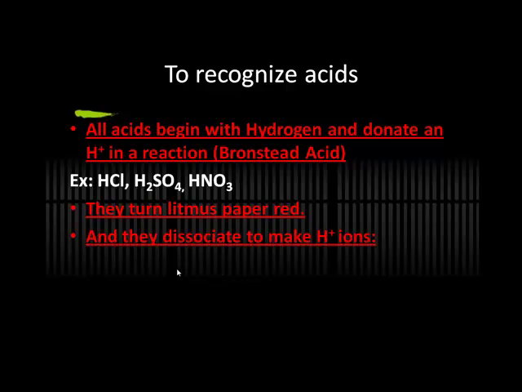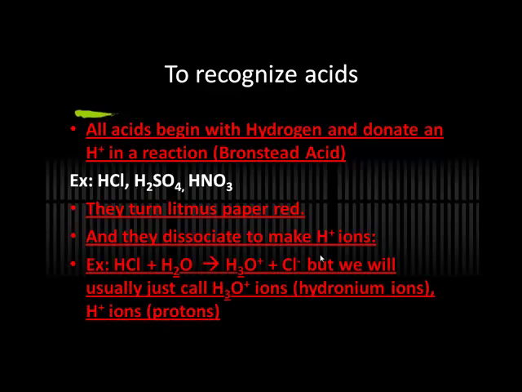When acids are crystals and you put them in water, they dissociate, which is just a fancy way of saying dissolving. When acids dissolve, they break up into their positive and negative ions. And like I said earlier, the positive ion is H+. An example here is hydrochloric acid, HCl, dissolving in water.